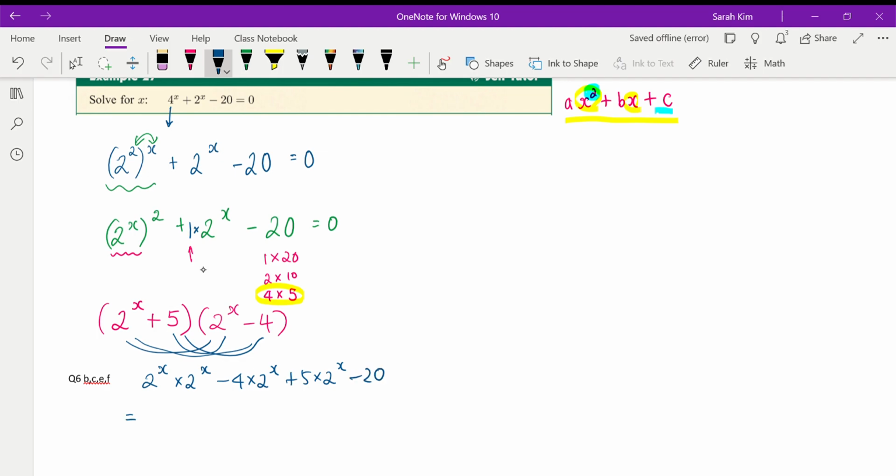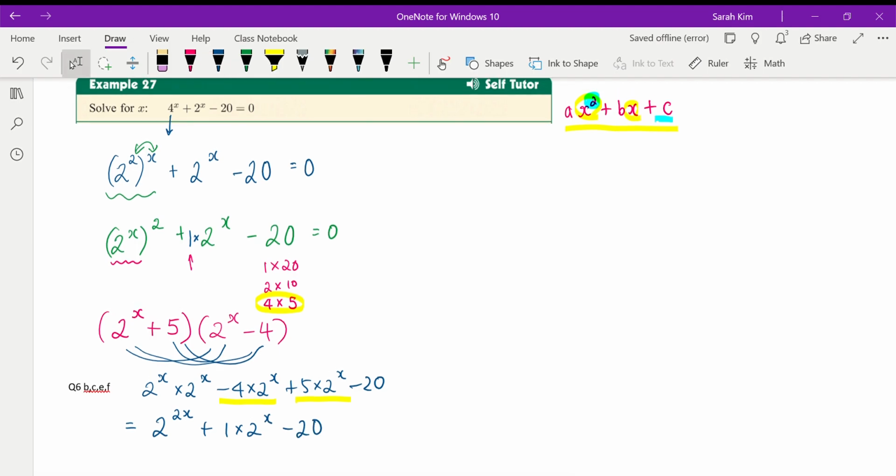So if I keep going with this one, it's 2 to the power of 2x, because it's x plus x, and then I've got minus 4 lots of 2^x and plus 5 lots of 2^x, so it's going to be 1 lot of 2^x, and then minus 20, which, if I simplify it further, is exactly the same as what we had originally over here. Okay, so I'm not actually completely done. I just wanted to show you that it's actually the correct answer.